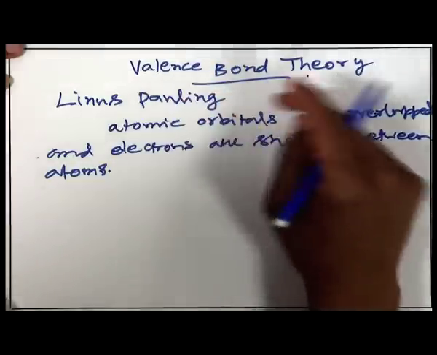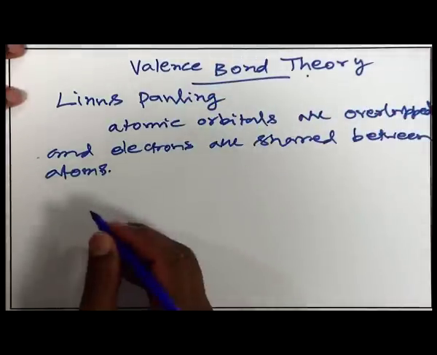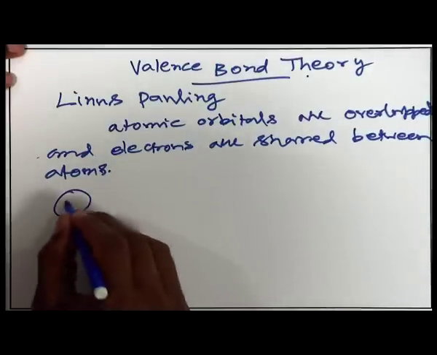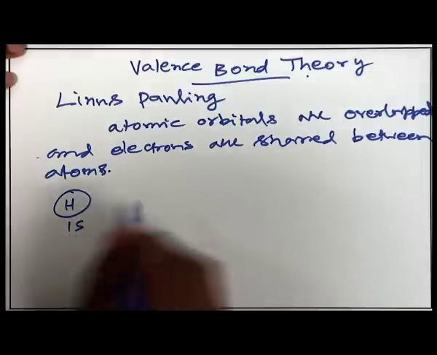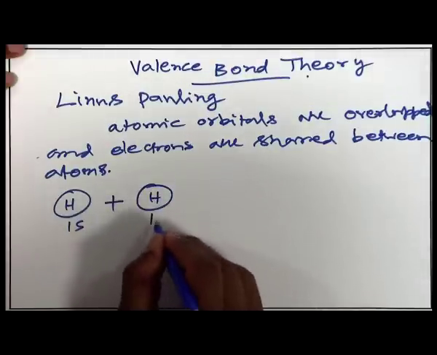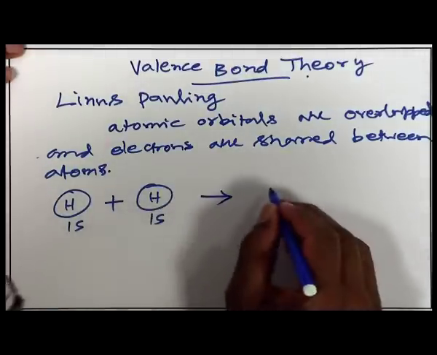This theory is based on the overlap of atomic orbitals. As we have seen before, a hydrogen atom contains a 1s orbital, which is 1s1, and it combines with another hydrogen atom with a 1s orbital containing one electron to give a hydrogen molecule.